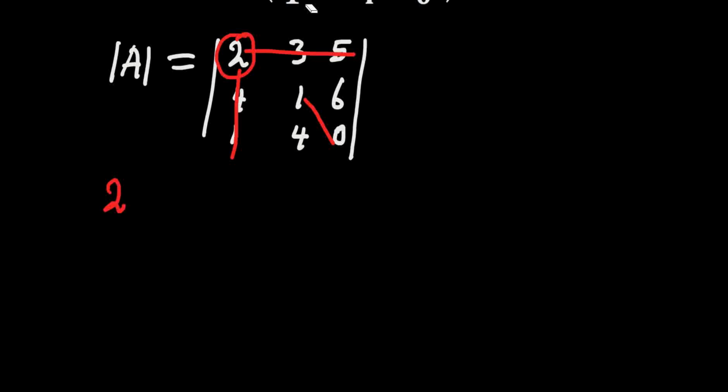Okay, so 1 times 0 is 0. So let's just put this in parentheses. 1 times 0 is 0 minus 6 times 4 is 24. Minus 24. Good, so we are done with this. So we can get rid of this.